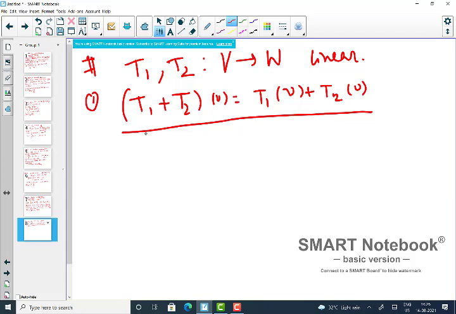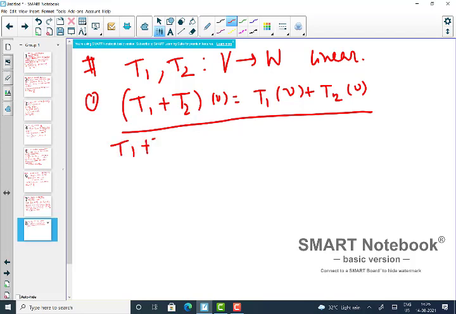What does that mean? If you have two linear maps, whether their addition will satisfy the vector space structure or not. How to prove? First of all, if you add two linear maps T1 and T2, they will again be linear, because they satisfy that condition.